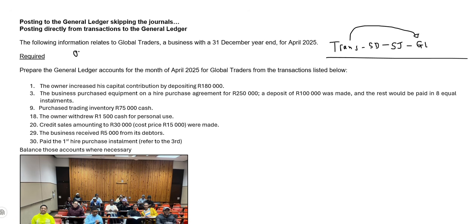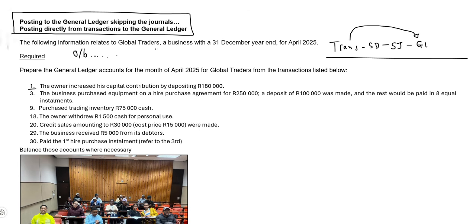The opening balances, if there were any, are normally listed in the information before you start the exercise. In this exercise, there are no opening balances. So let's move on to the transactions. It says here, take the information straight from the transactions and put it into the general ledger.